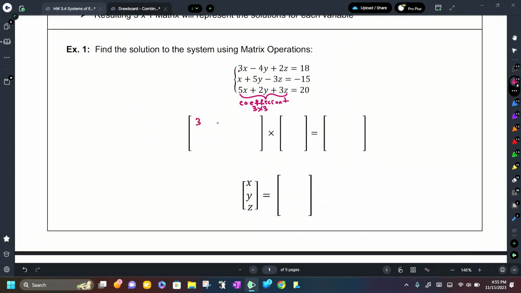So we have 3, -4, 2, 1. There's a 1 in front of that x. 5, -3, 5, 2, and 3. If I was missing, say, this 2z right here, then instead of a 2, I would put a 0 right there. You have to have that placeholder. So that's our coefficient matrix.